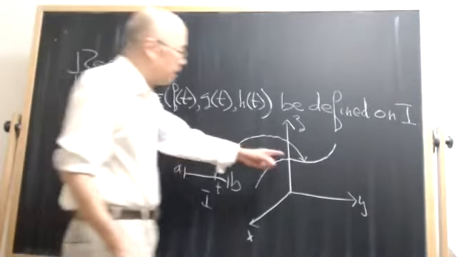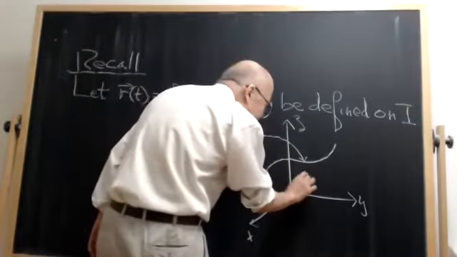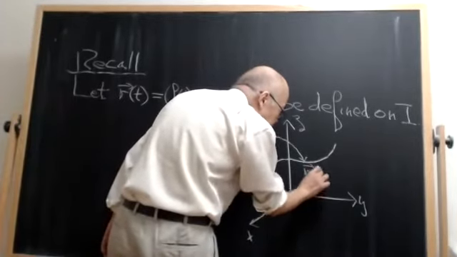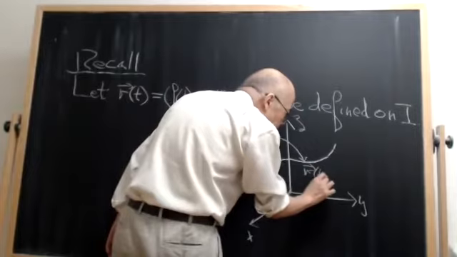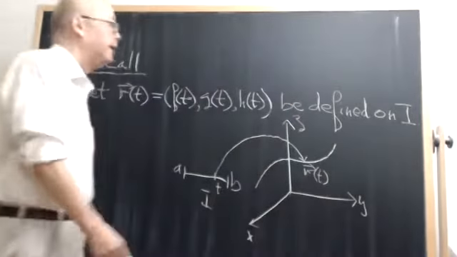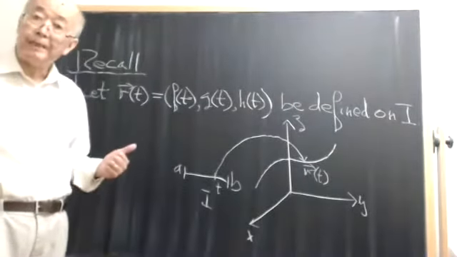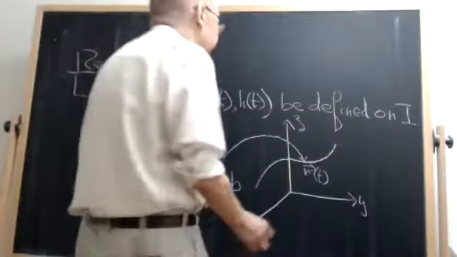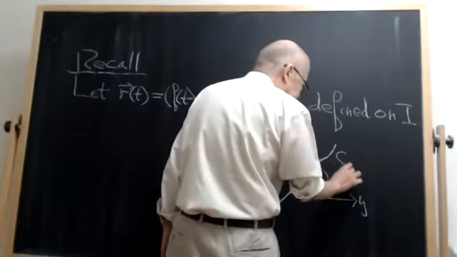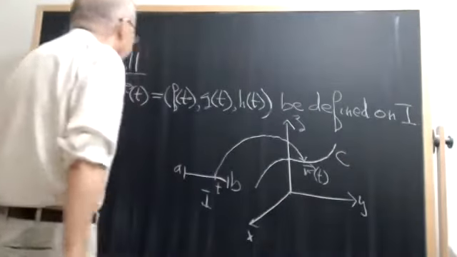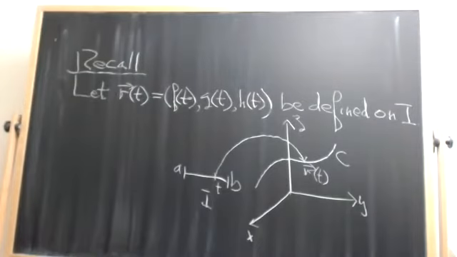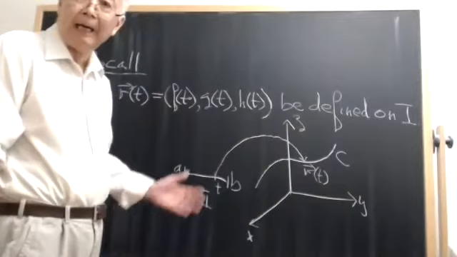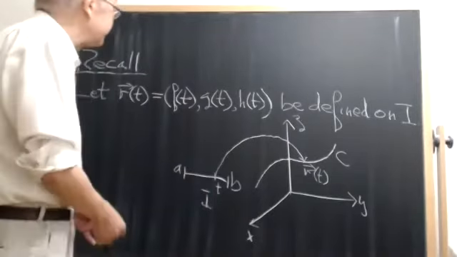And we have the point R of t here. And then we call this curve C, the trajectory, capital C. And then last time, we actually computed the arc length of the curve C.